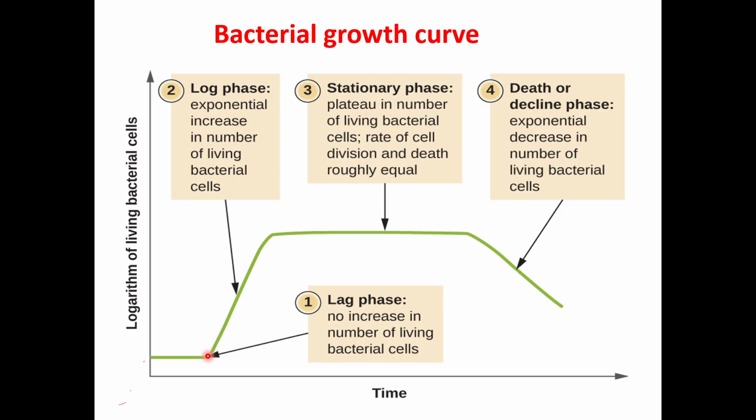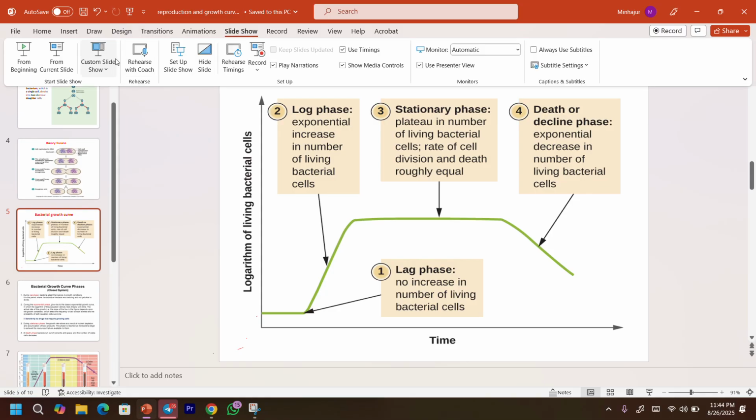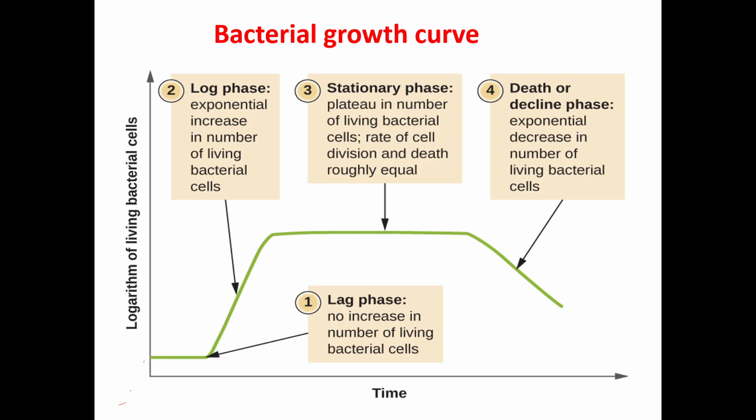At this phase, there will be no multiplication, and if there is no multiplication, then we can say that there is no binary fission, as bacteria grow by binary fission. And if there is no binary fission, there will be no increase in the number of bacteria.